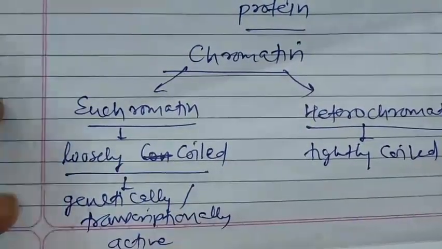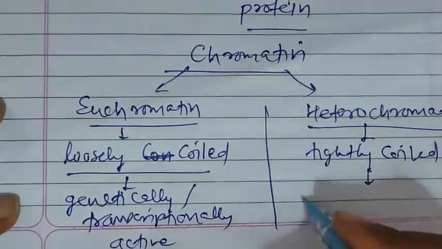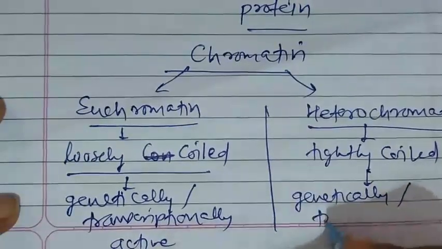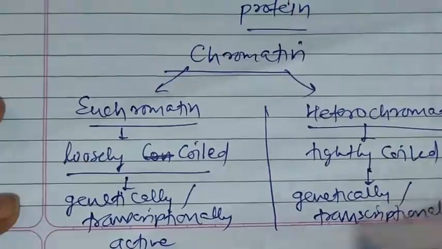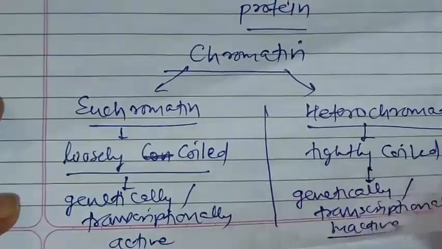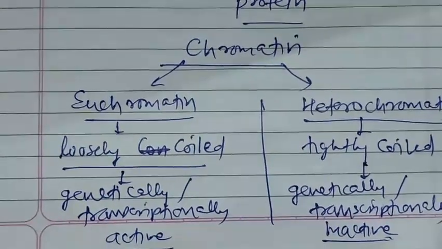Because euchromatin is loosely coiled, so enzymes can interact with it, but heterochromatin is tightly coiled, so it is genetically or transcriptionally inactive. So if it is transcriptionally inactive, then we call it what? Heterochromatin.